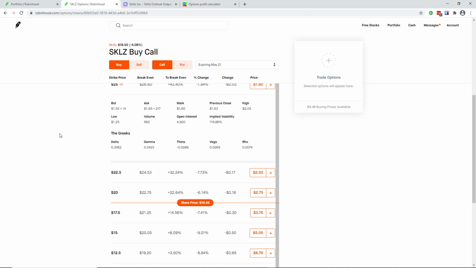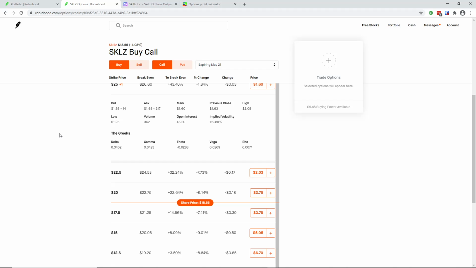For example, let's say it's 1855 right now, it goes up to 1955. That means it increased by a dollar, so your delta will get multiplied by $100. So you've made $34. And that works the same for delta only, because theta's time. So each day that goes by, you're losing essentially $2.